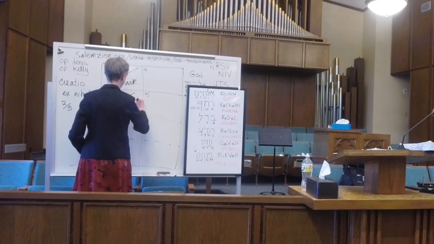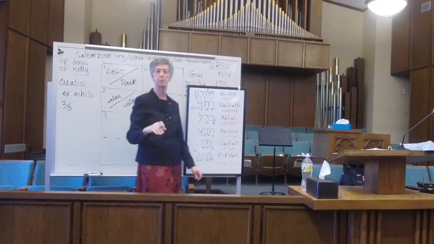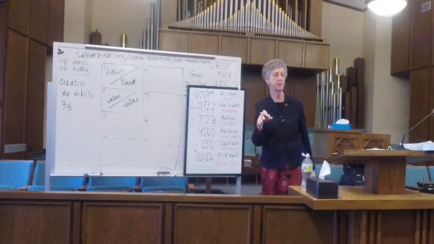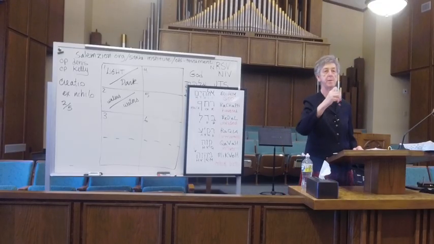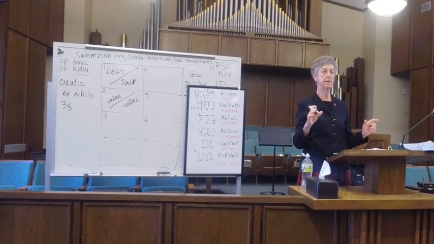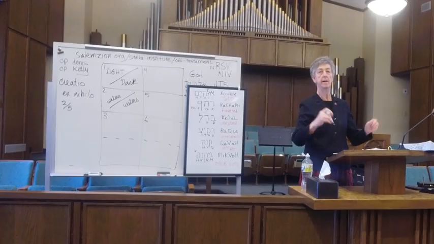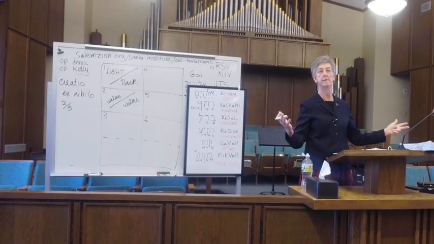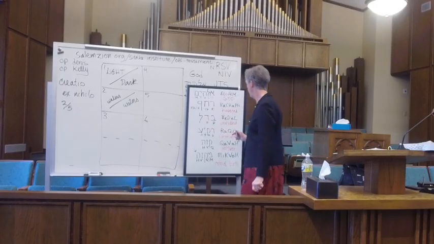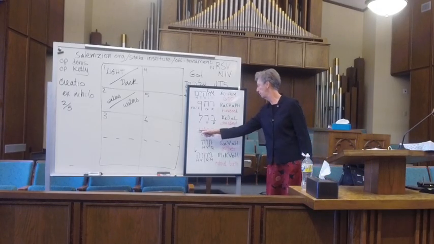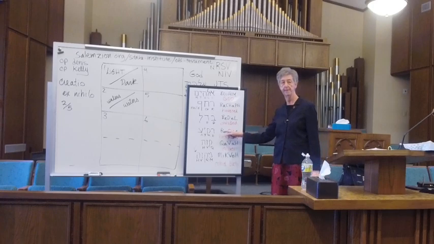And by the way, this is what your paper is for, that you draw this yourself so that any insights you have, you can write them down. Because if you're like me, they come and then they're gone and you don't remember what it was. So write them down. So we're going to put a firmament, and this is the Hebrew word for firmament, rakia.